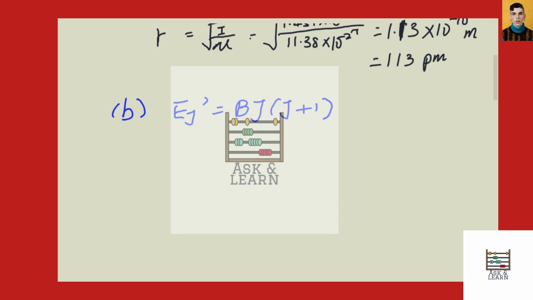So we need to first define what the first two lines are. The first line should be the transition from the ground state to the first excited state, where the quantum number is 1. And the second line is a transition from the first excited state to the second excited state, where the quantum number changes from 1 to 2.